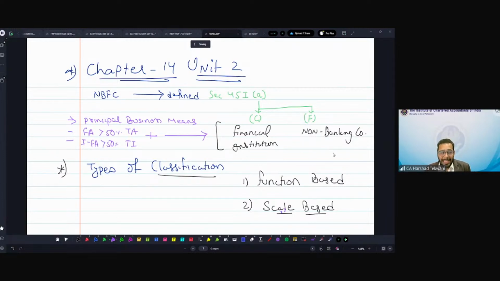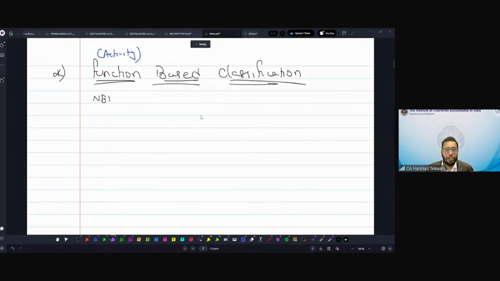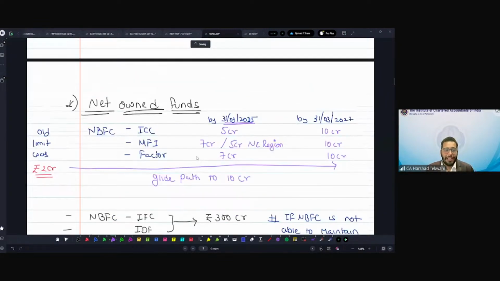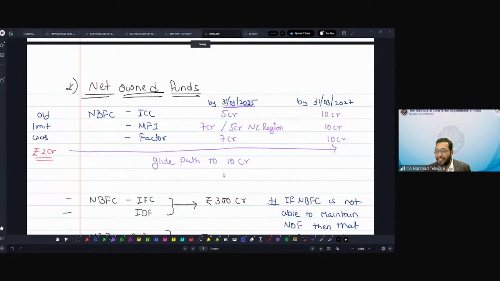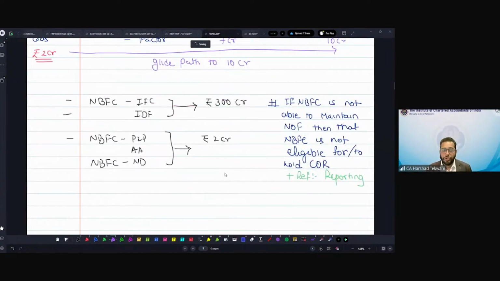Okay, so that is one of the points that I wanted to take up now, because now we understand what the function based classification is and what the net owned funds based classification is. That's why it's very important for us to understand what the principal business is also. So sometimes an NBFC will be classified based on the principal business, and then NOF requirements, scale based requirements, everything will be applicable to that.